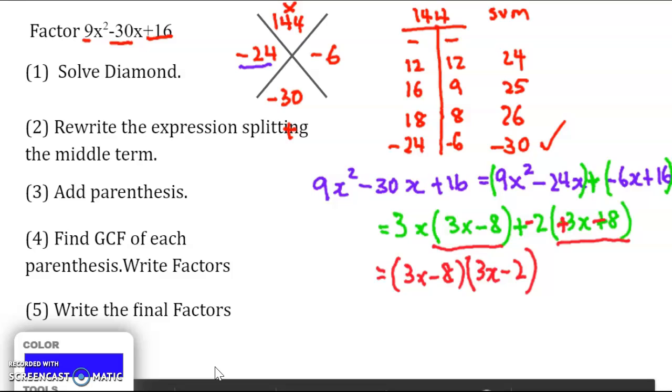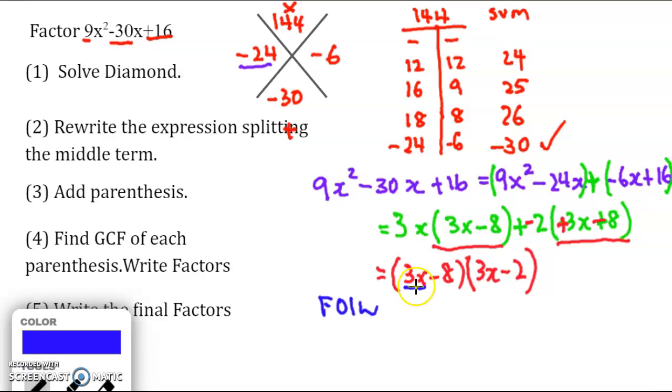So FOIL says: the first with the first, 3x times 3x is 9x squared. Outside, 3x times negative 2 is negative 6x.